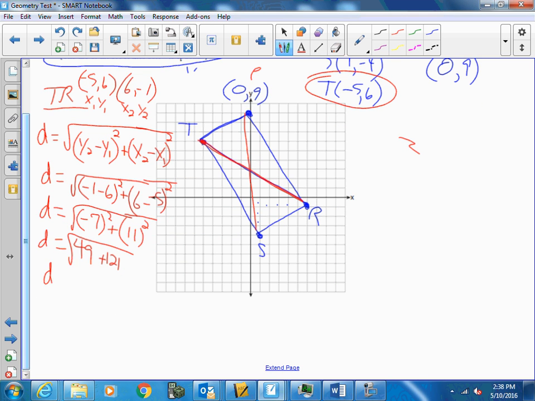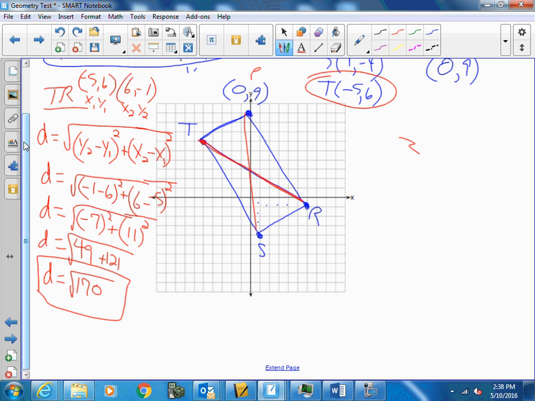So D is equal to 49 plus 121, that's 170. Now, typically I have you simplify something like this, but since you're comparing lengths, it's not necessary to simplify it. It would probably be easier not to in this case. So TR is square root of 170.